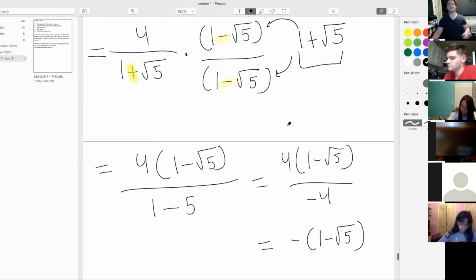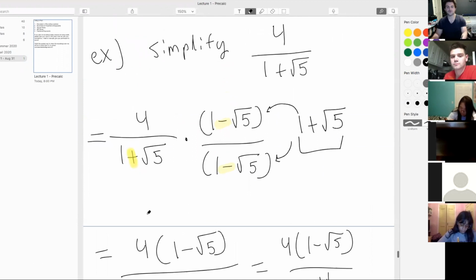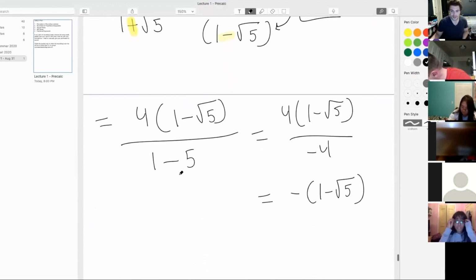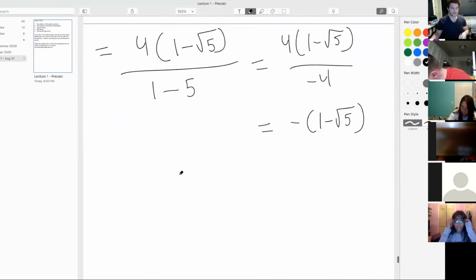The reason we like to do this is because it gets rid of square roots in the denominator, which when you compute limits is not a great thing. That's further along in your mathematical careers if you go further. You can simplify this a little more.